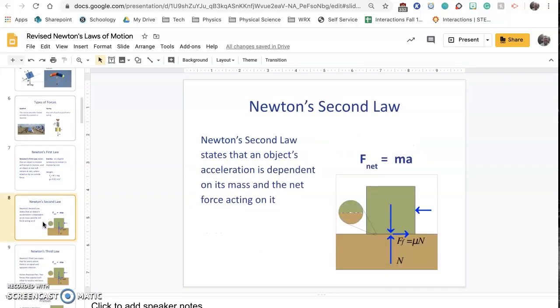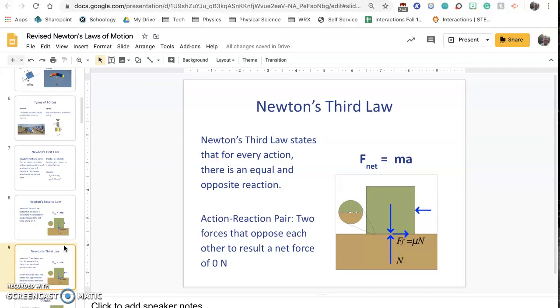Getting into our second law, it's saying that an object's acceleration is going to be dependent on its mass and the forces that are acting on it. So we see just a different variation of the same equation. We have our net force, F sub net, equals mass times acceleration.